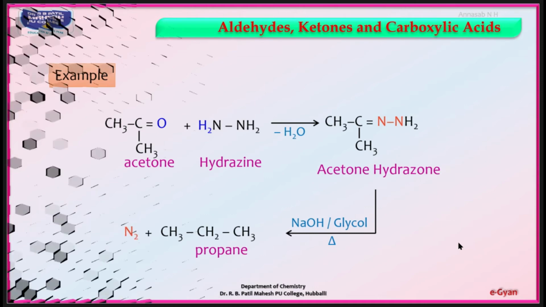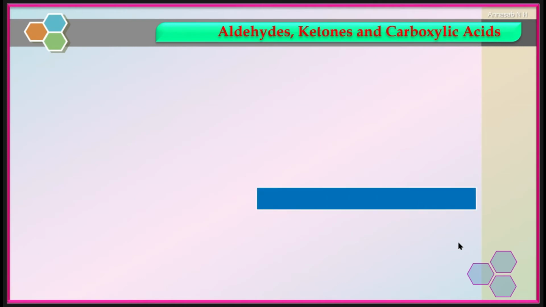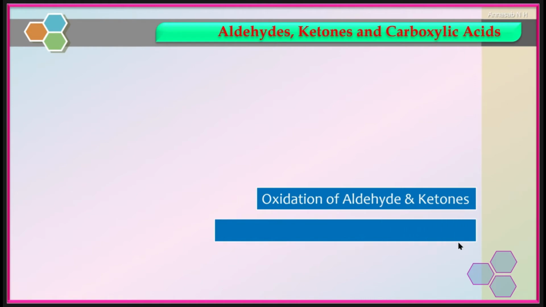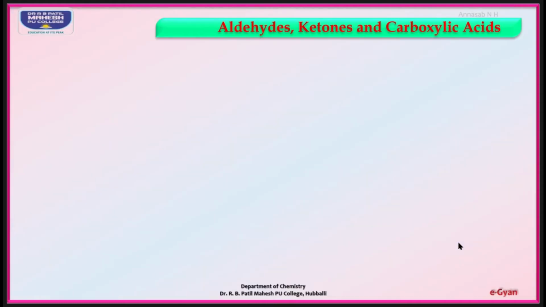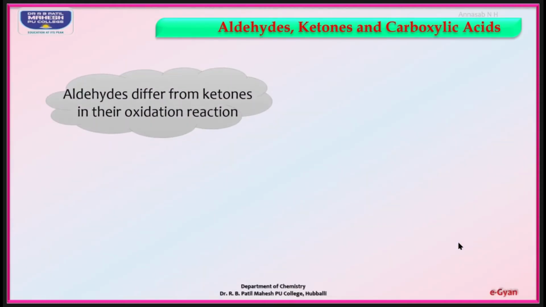Moving to the next part of this video lecture, that is oxidation of aldehydes and ketones and haloform reactions for methyl ketones. Dear students, aldehydes differ from ketones in their oxidation reactions.